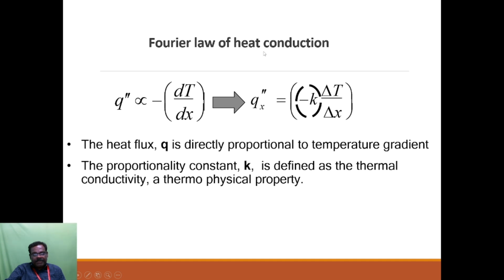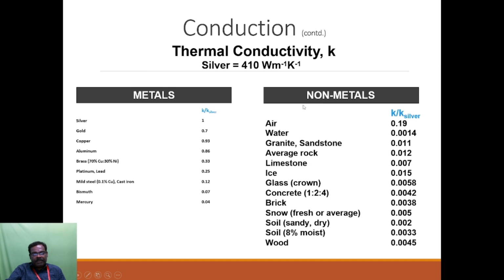So heat conduction follows the law called Fourier law. Fourier law states that heat transfer is directly proportional to temperature gradient. So Qx equal to minus K delta T divided by delta X.